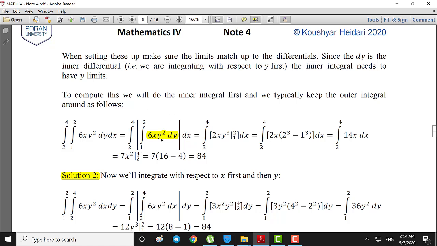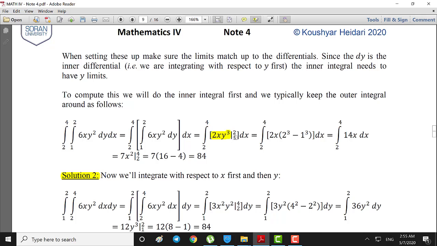The result of the integration in the brackets is what? We want to calculate the integration of 6xy² dy. y is changing, so we treat x as a constant. So what do we have? We have 6x, which is a constant, times the integration of y², which is y³ over 3, right? 6x times y³ over 3 is 2xy³.